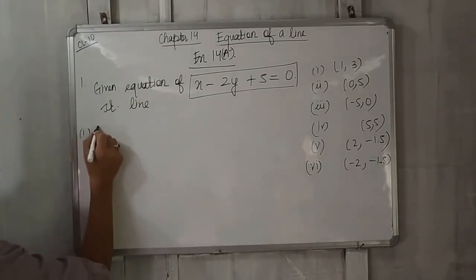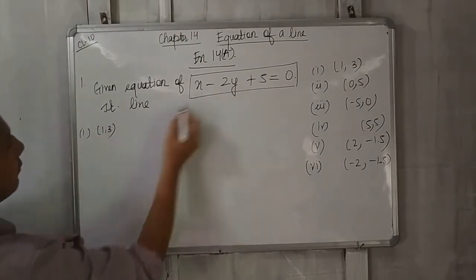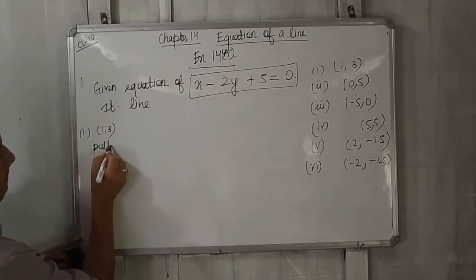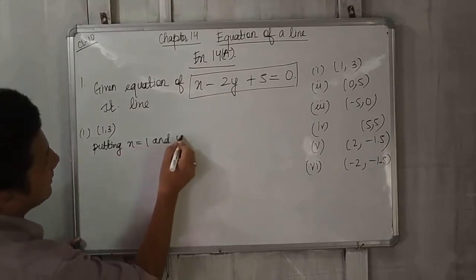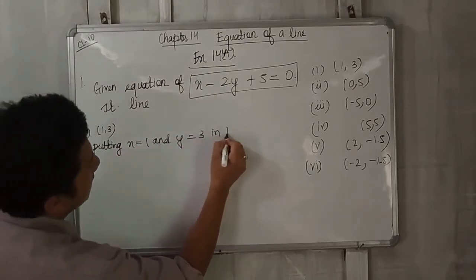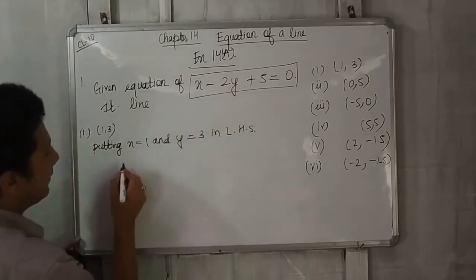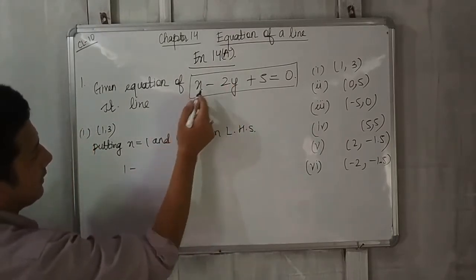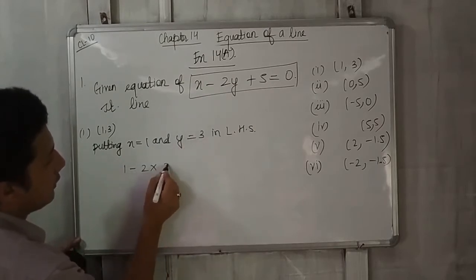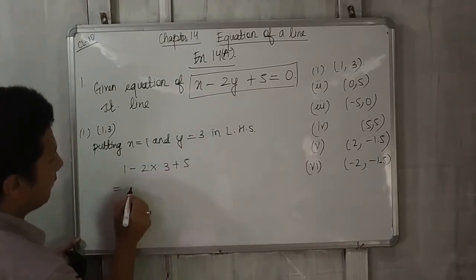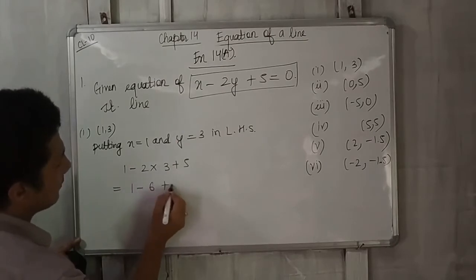So for the point (1, 3), putting x equals 1 and y equals 3 in the left hand side, what do I get? 1 minus 2 into 3 plus 5. So 1 minus 6 plus 5.